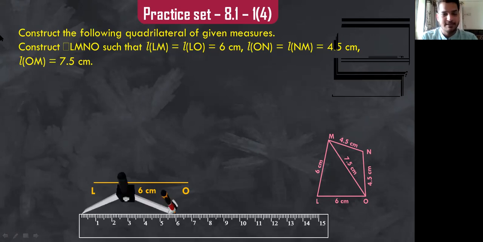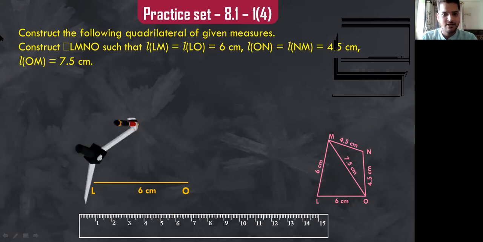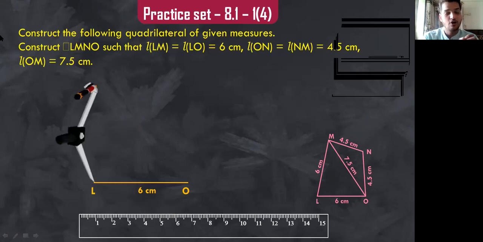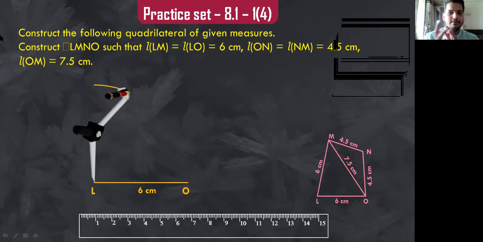Point M is at a distance of 6 centimeters from the point L. So on the compass, we will take a distance of 6 centimeters, place it on the point L because we are constructing side LM. Okay, mark the arc of 6 centimeters, right?